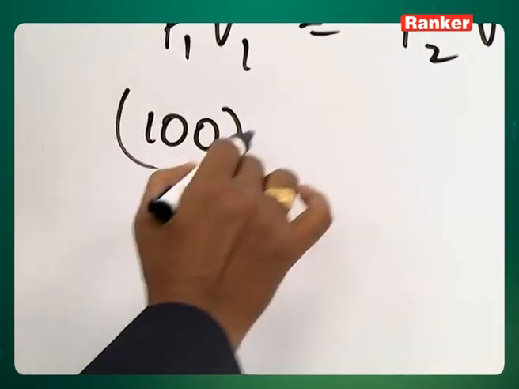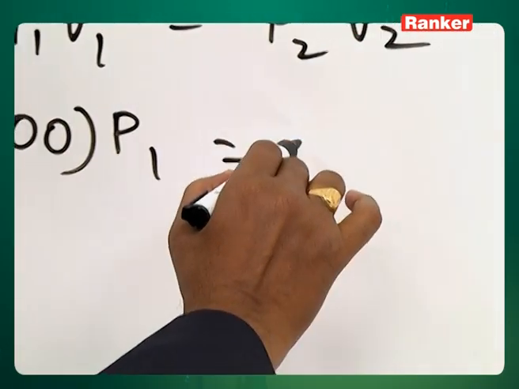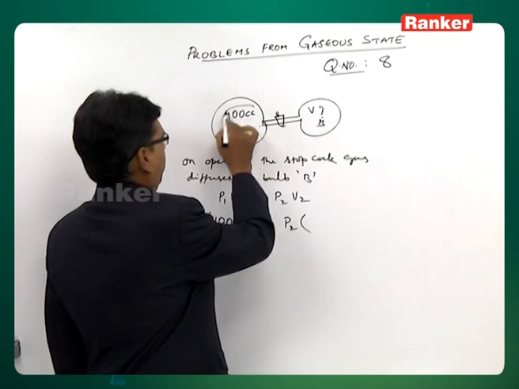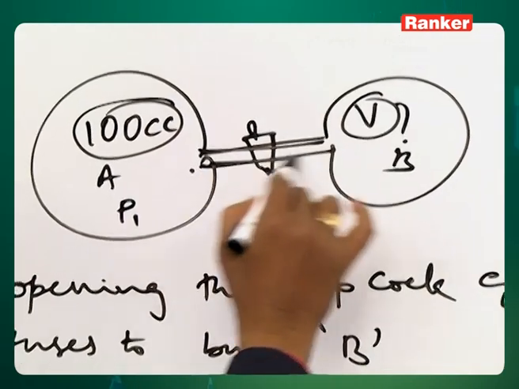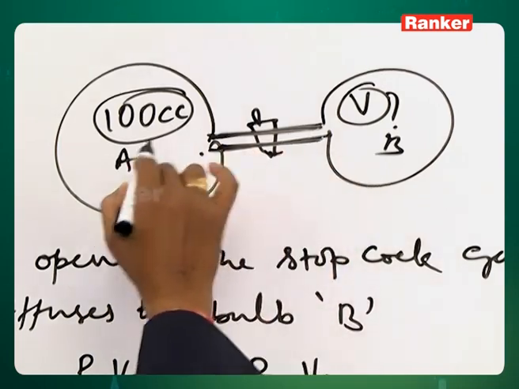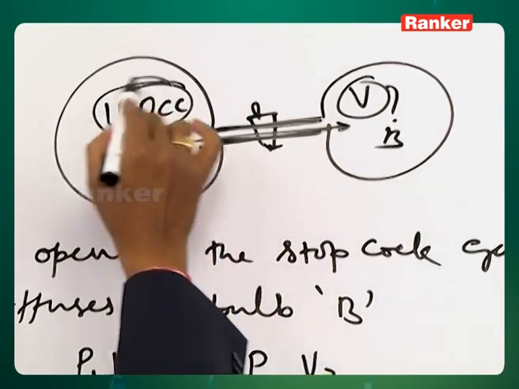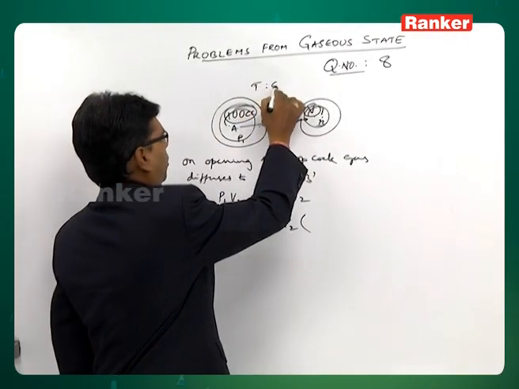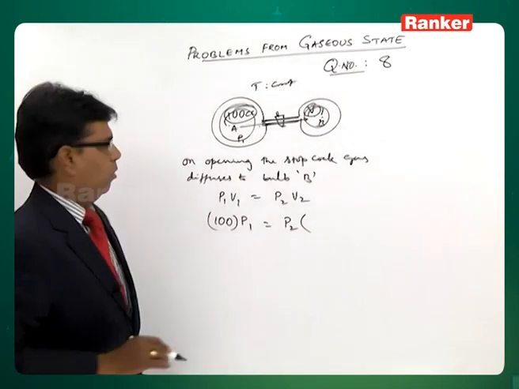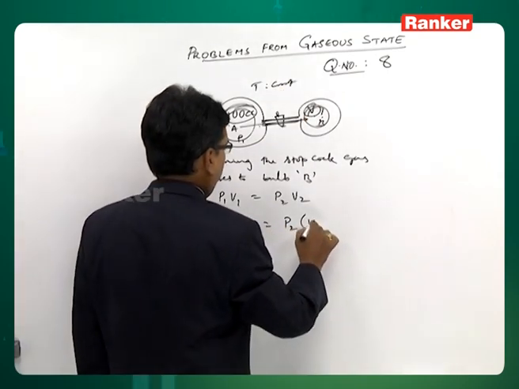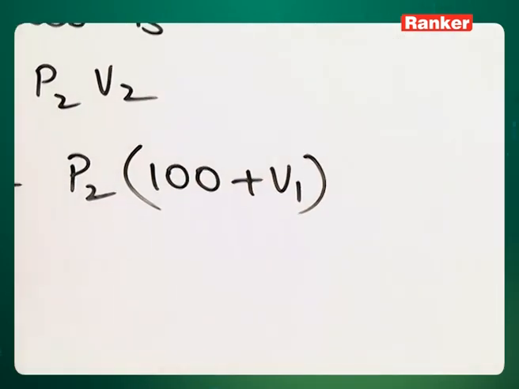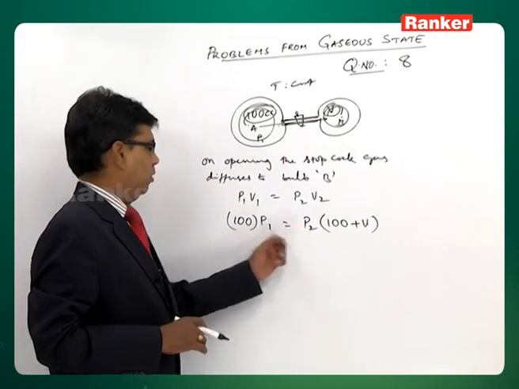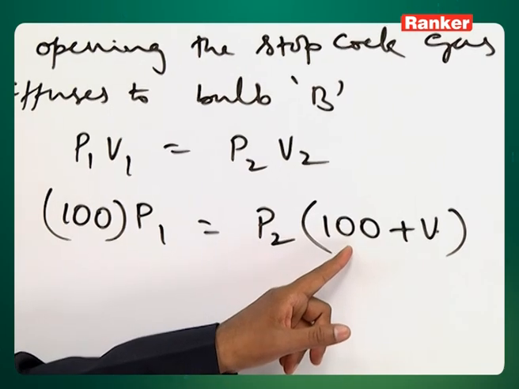P2 is what we have to find, and V2 is 100 plus V. The volume of the tube is negligible. The gas diffuses, and the temperature is constant. So, 100 P1 is equal to P2 into 100 plus V, where the initial volume is 100 and the final volume is 100 plus V.